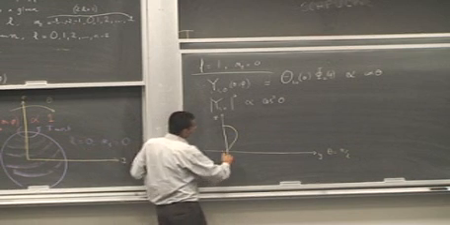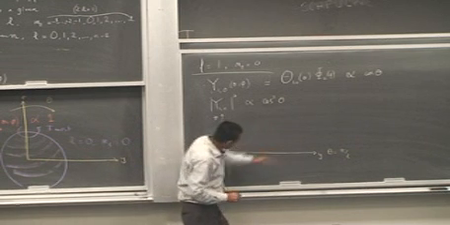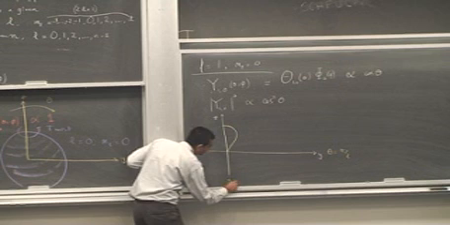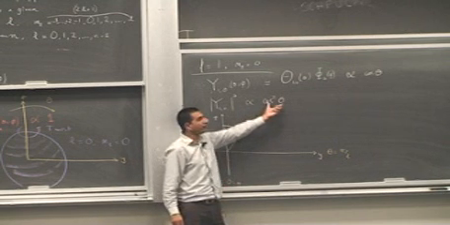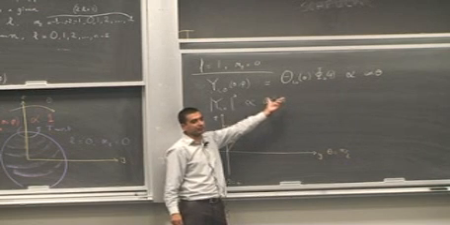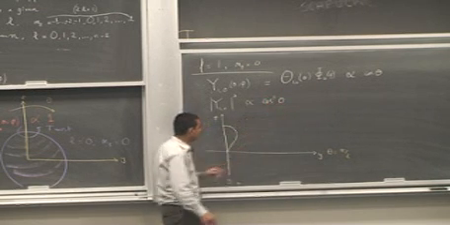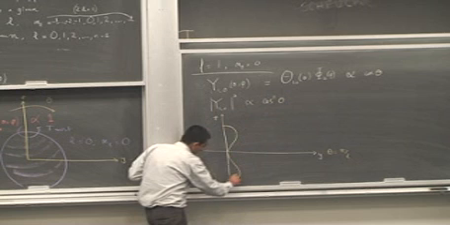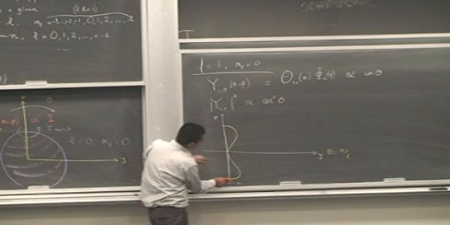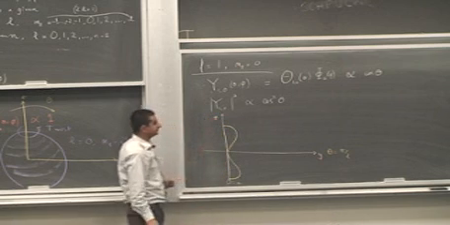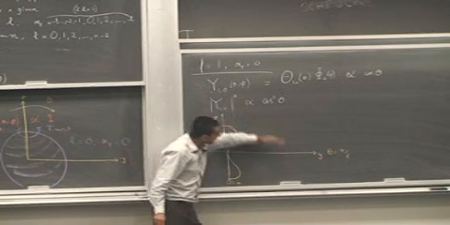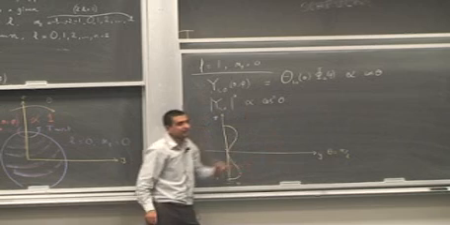And then I can go from theta pi by 2 to theta equals pi. At theta equals pi, cosine of pi is minus 1, cosine square of pi is again plus 1. So this distance is the same as this distance. So this is the range of possibilities for theta.